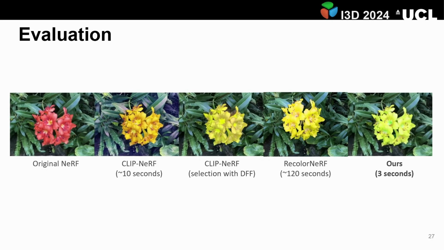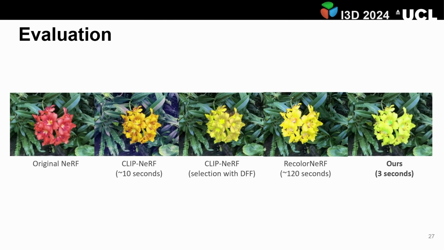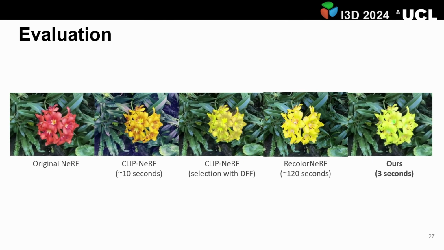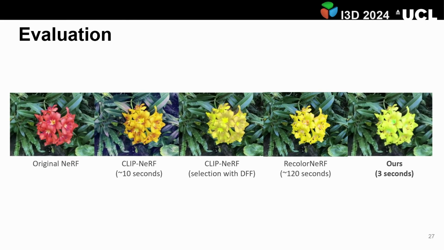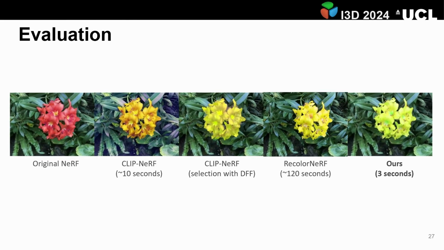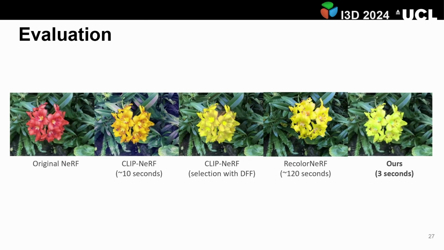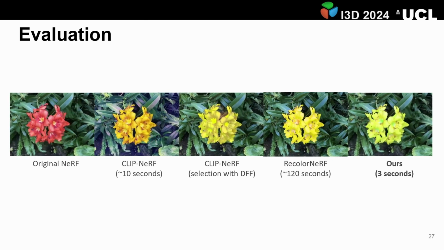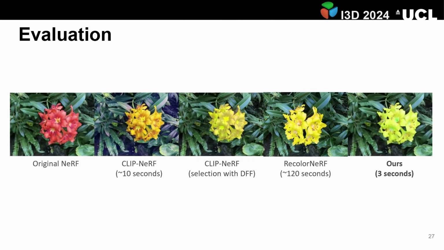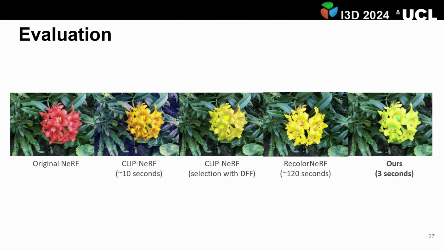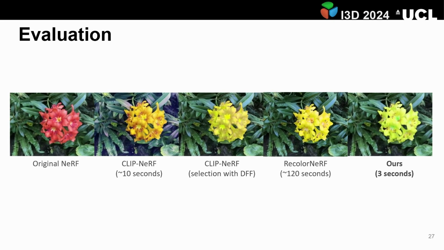We can see DreamFusion with CLIP-NeRF editing has unnatural color changes. Although RecolorNeRF shows desirable results, its editing framework is less intuitive and limited on complex color changes and time cost. Our method demonstrates precise color changes by image editing tool in 3 seconds with only 4 to 36 KB footprint.